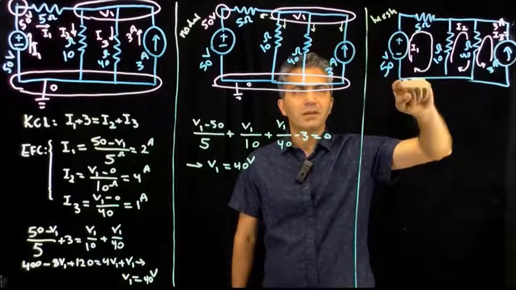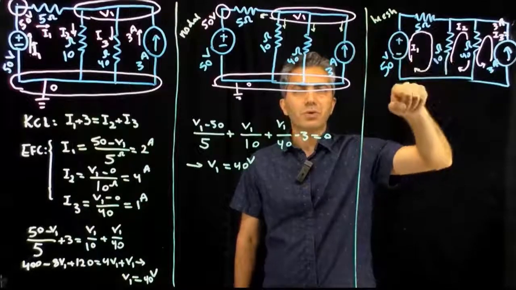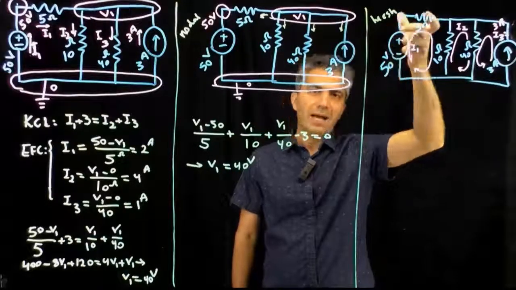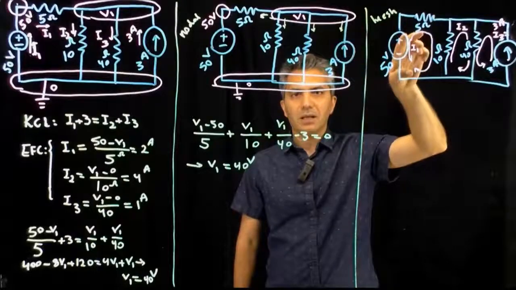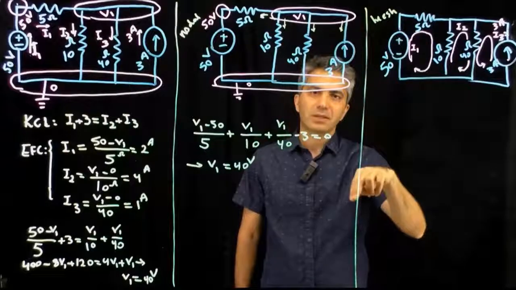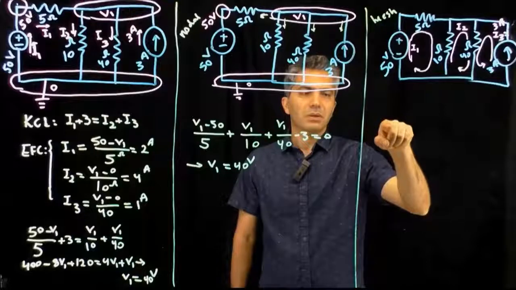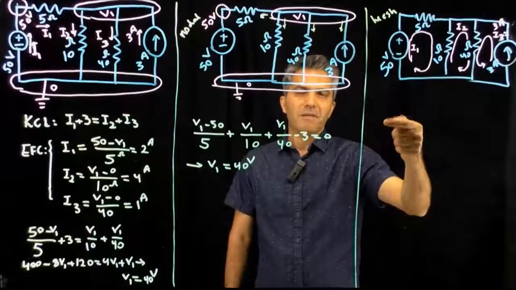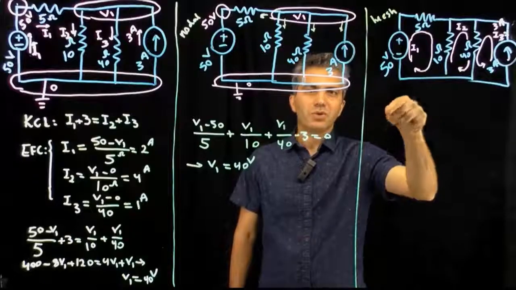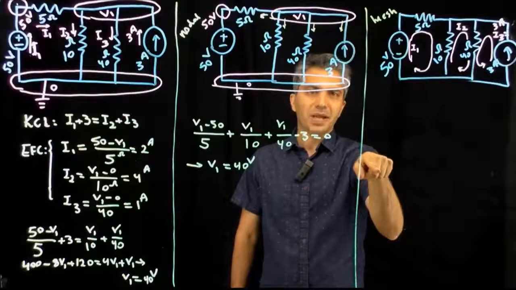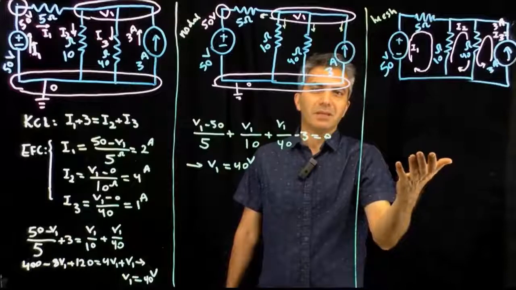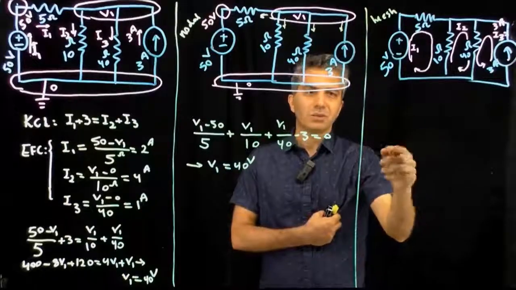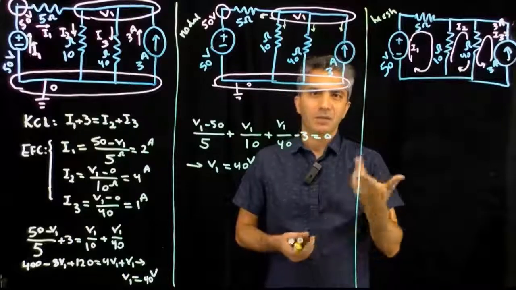So what it says is that if you go through a loop, every time that you gain a potential, you add something or subtract something, and if you lose potential, you do exactly the opposite. As you add or subtract potential every time you pass through a component, once you go back to the same point, obviously the difference in potential has to be 0 because you're in the same spot.